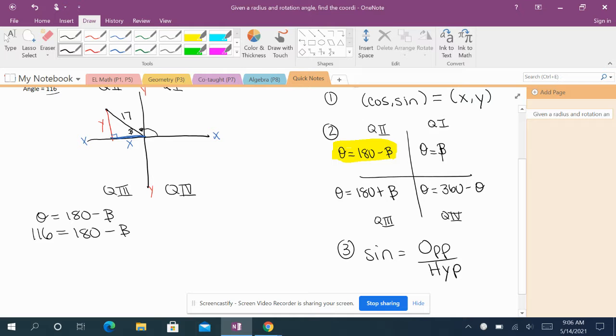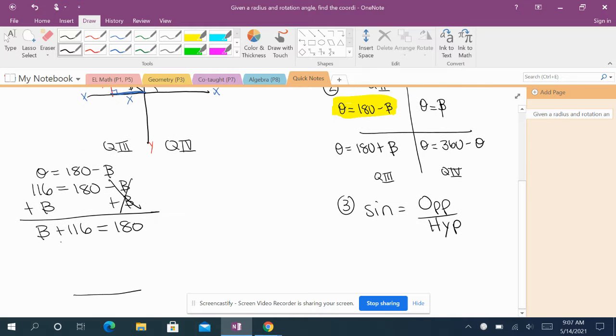I'm going to add beta on both sides so we can get it to the left, which is a little easier. So beta plus 116 equals 180, because these cancel. Now I subtract 116 on both sides to get beta by itself. So our angle for beta is equal to 64 degrees.